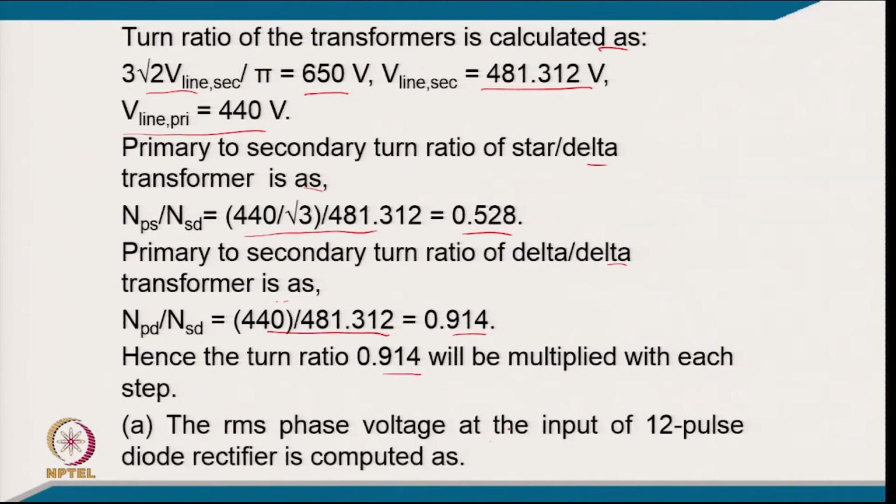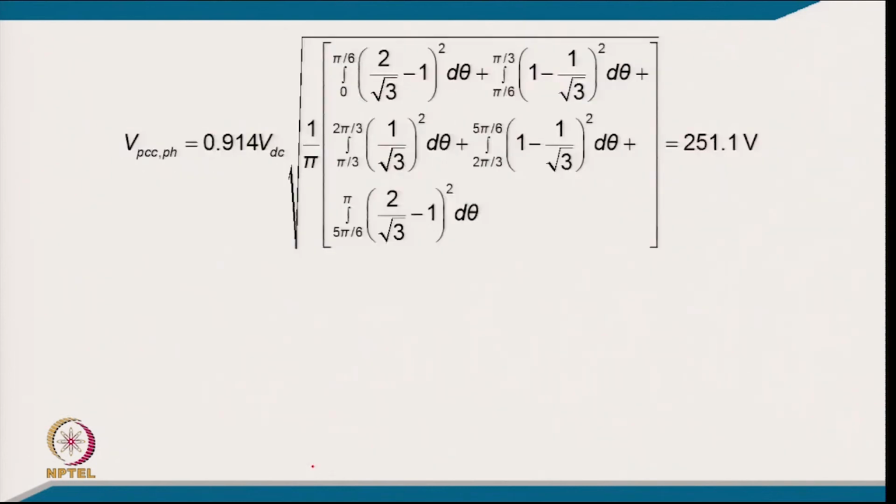So, the RMS phase voltage at the input of the 12 pulse converter is calculated from this relation. This is the voltage we are calculating for each segment of the stepped waveform at the diode rectifier input. So, 0.914 VDC 1 upon pi, with the first segment, second segment, third, fourth and fifth segment, and this voltage comes at the RMS voltage at the input of the diode rectifier, 251.1 volt.